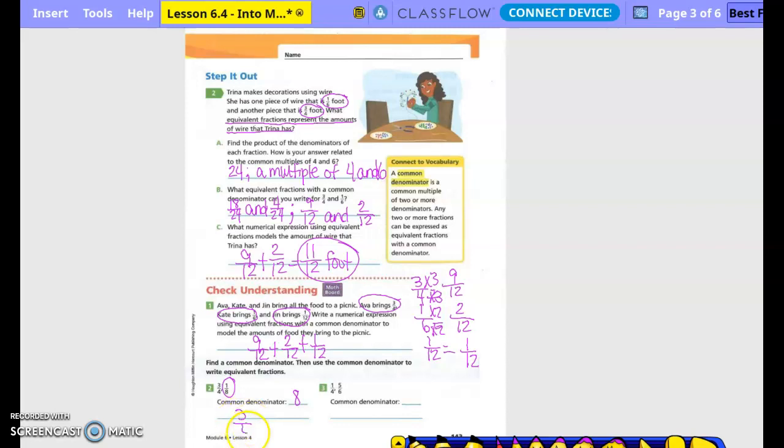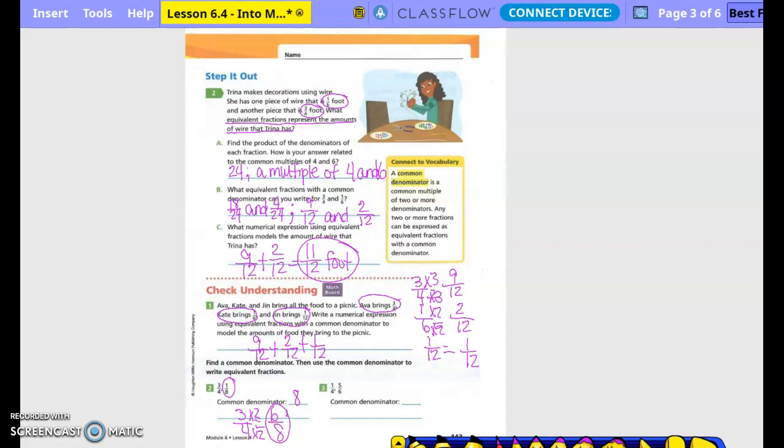So 3/4 equals something over 8, right? How did I get from 4 to 8? Times 2. What I do on the bottom, I do on the top. So 3 times 2 is 6. So 1/8 and 6/8, right?